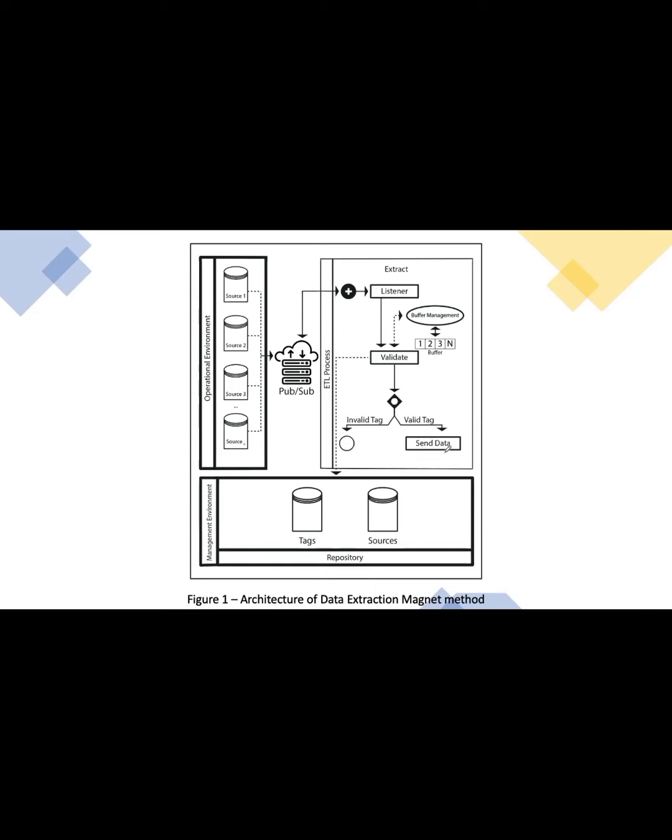As we can say here, by doing this method, we can decouple the operational environment and the E2L process. The E2L process, by means of the data extraction magnet, is ready to receive data from the operational environment, and we do not connect into the operational environment to get data.